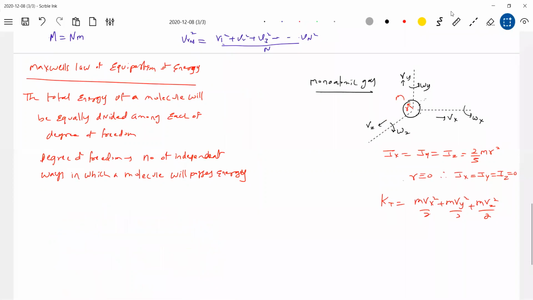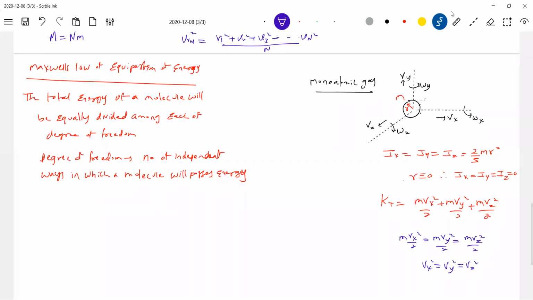Now according to Maxwell's law of equipartition, I can say that vx square equals vy square, meaning all these energies must be equal. What energy it possesses will be divided equally among each degree of freedom. This is what it's telling.